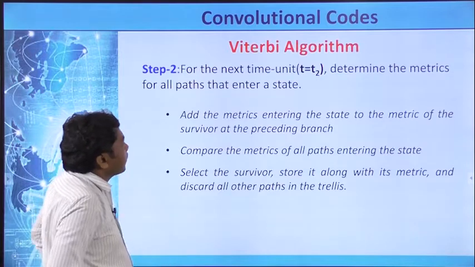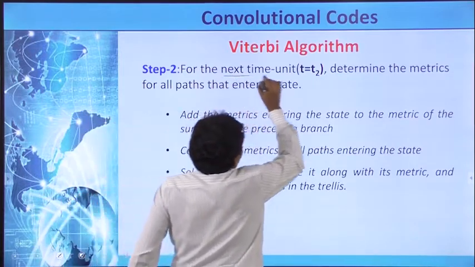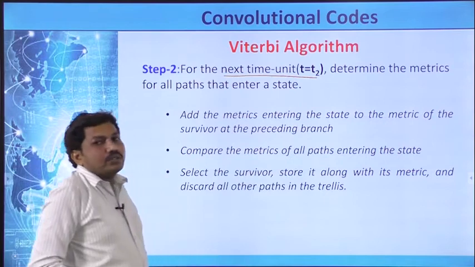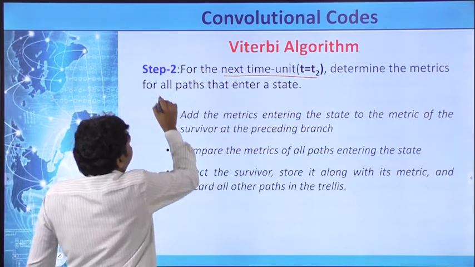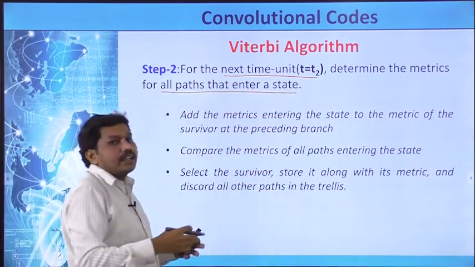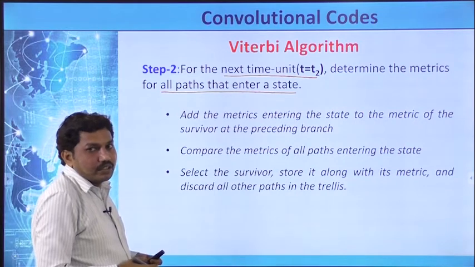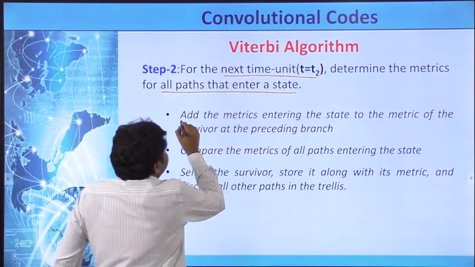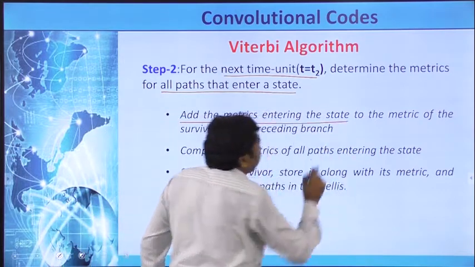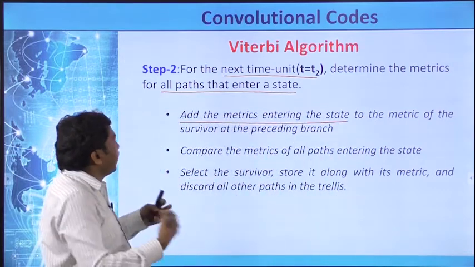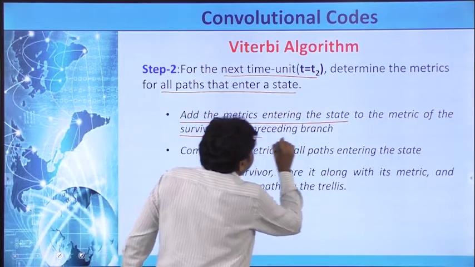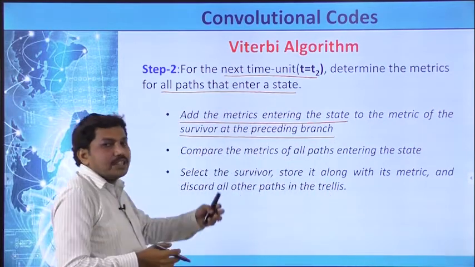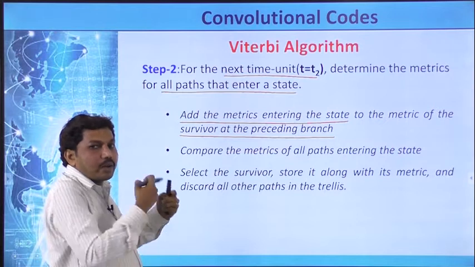The second step is next time at t equal to t2. So, determine the metric for all the paths that enter the next state. So, the conclusion statements are: add the metrics entering the state to the metric of the survivor at the preceding branch. In the preceding state, we arrange as one branch.